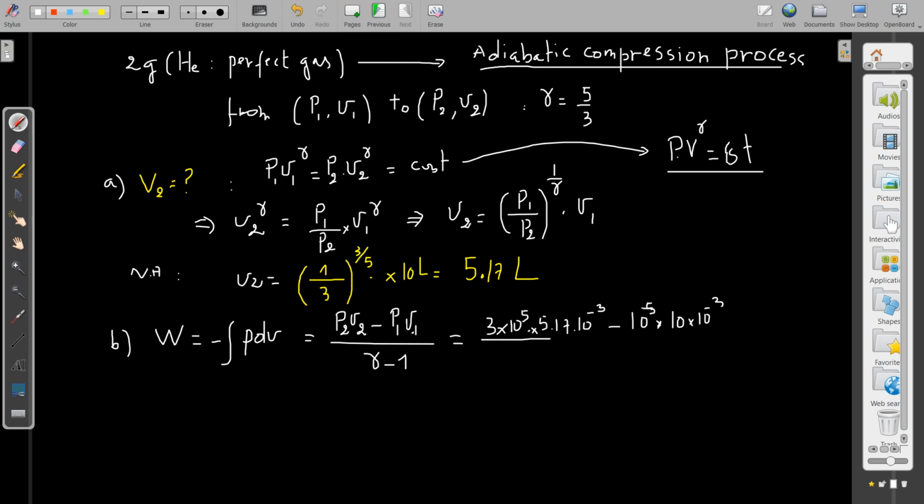And all of this divided by gamma minus 1, which is 5 over 3 minus 1. Be careful for this calculus, how to manipulate all these numbers in your calculator, and you will find finally 826.5 joules.